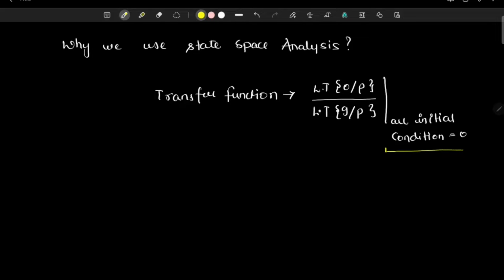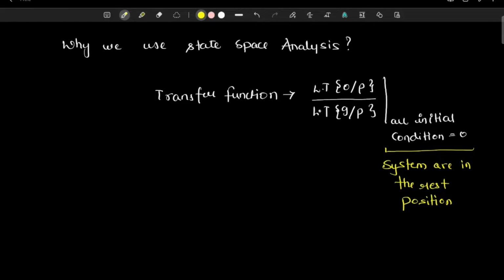What do you mean by initial condition equal to 0? Initial condition equal to 0 means your system is in rest position.